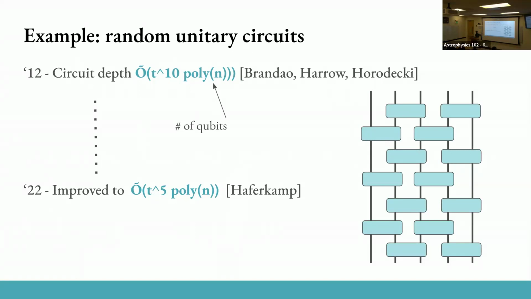As we have here, and also on the timeline, it was originally analyzed in 2012, but people have worked on it and improved that analysis through time. Eventually in 2022, it was improved to t to the 5th. So that's quite a reduction. There are quite a few papers in between that I've suppressed here, but people have been thinking about this for a while.